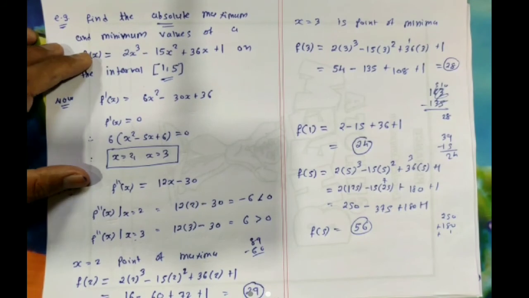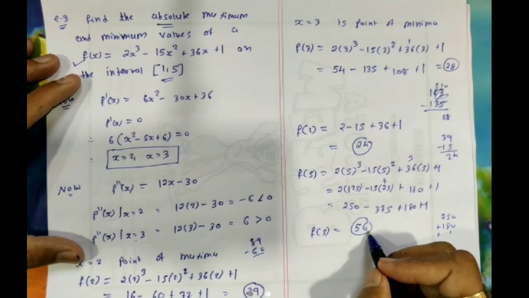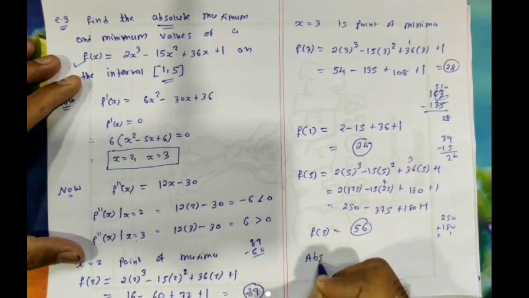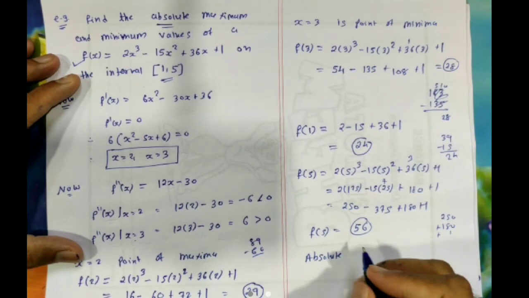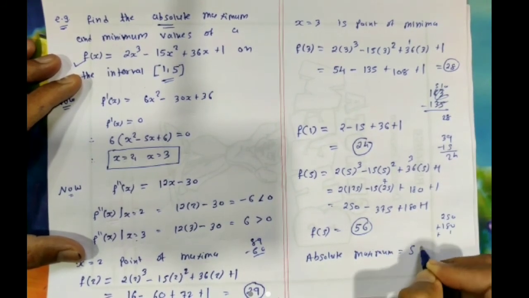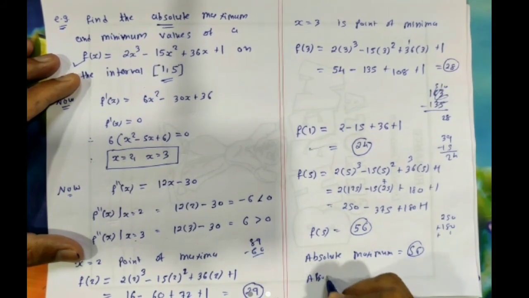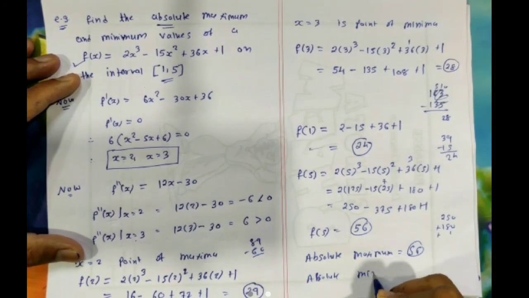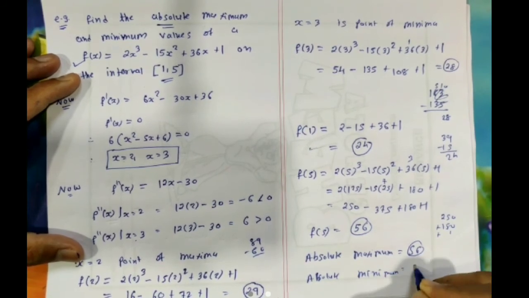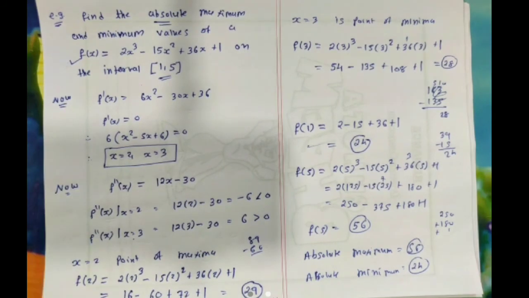So this is 56. Now you have to check which is the maximum value. Out of all these four values, the absolute maximum value is 56. And the absolute minimum value will be 24, because any function can have so many local maximum and local minimum values.